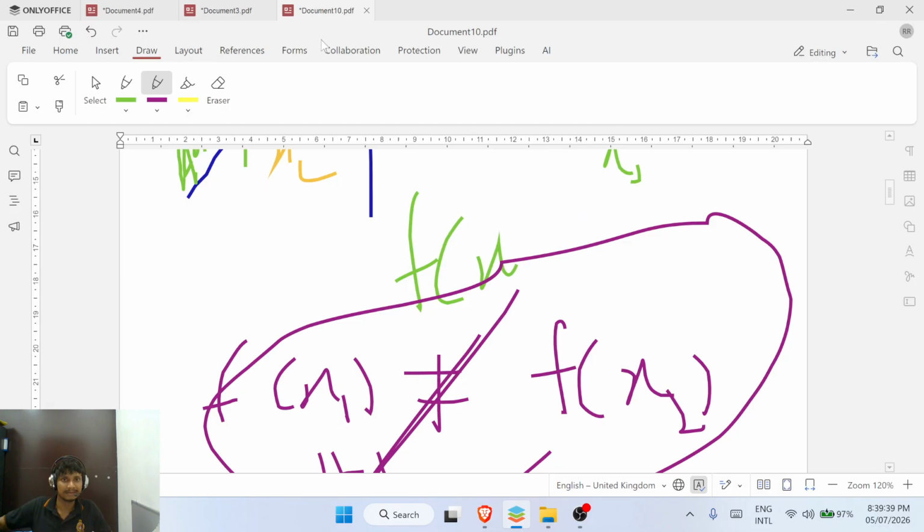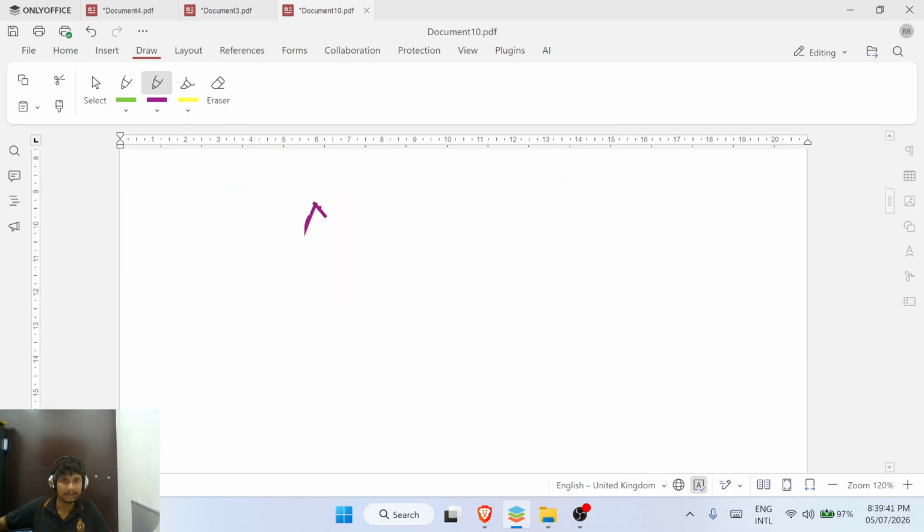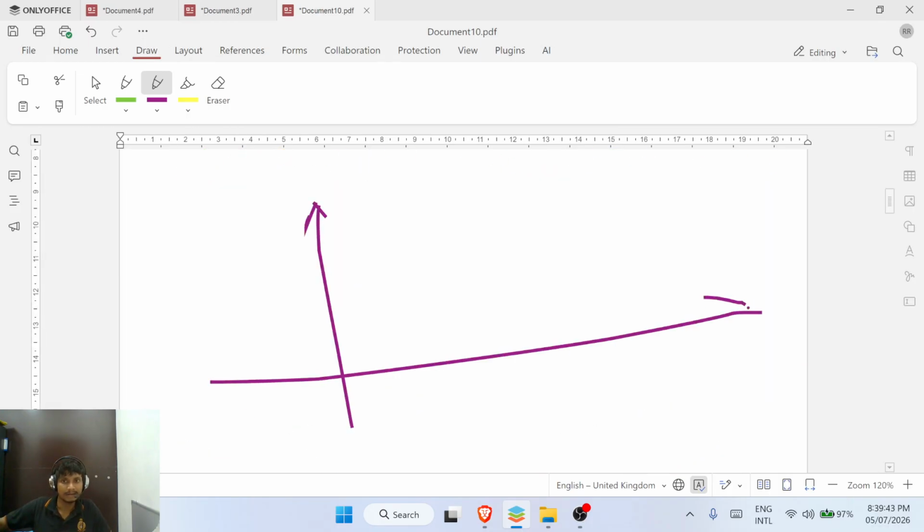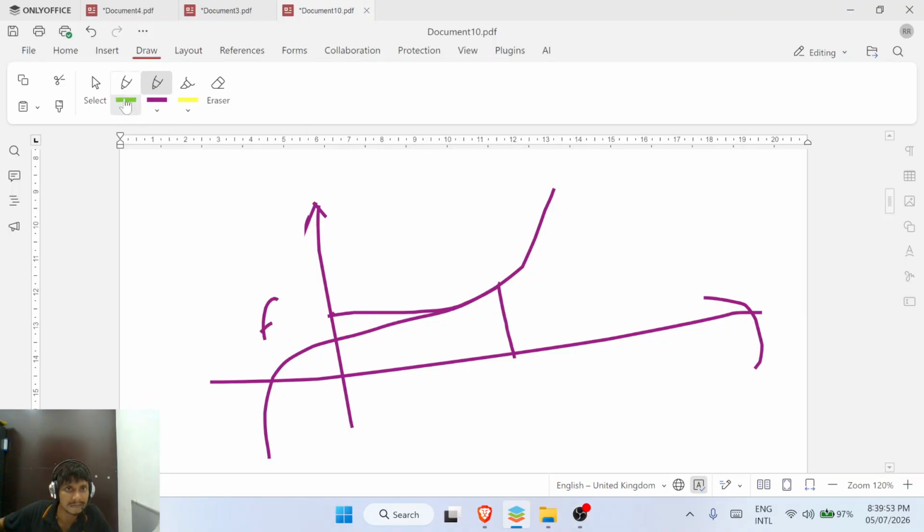Consider the graph like this. I assume that there are two values, x1 and x2, that have the same value. For example, this is f of x and this is x.